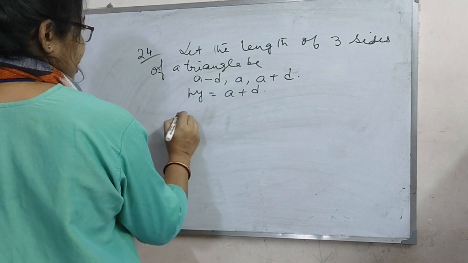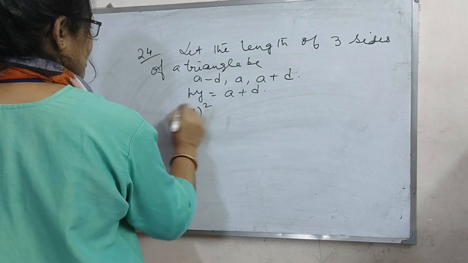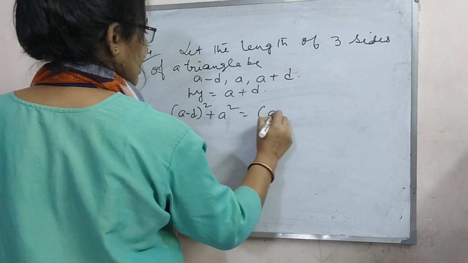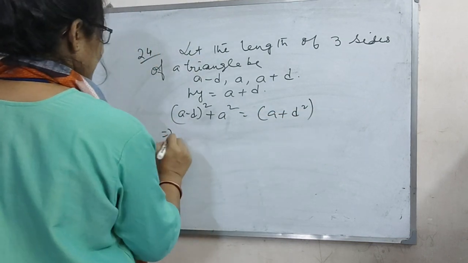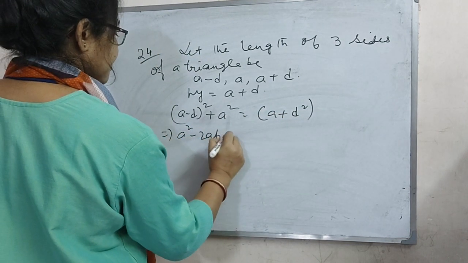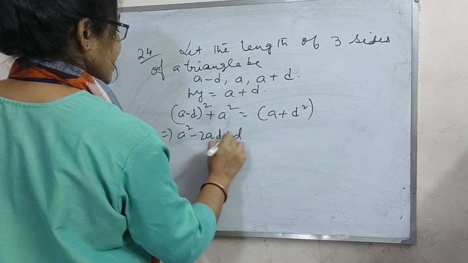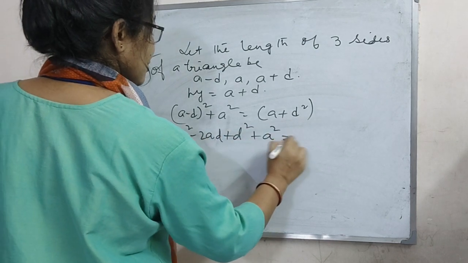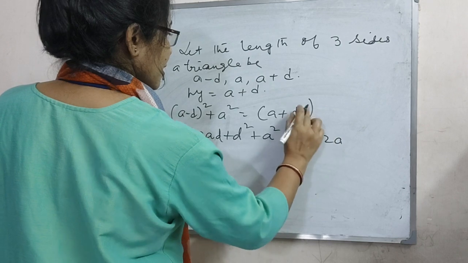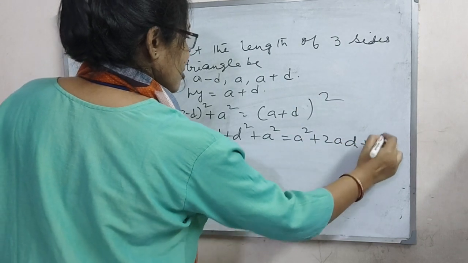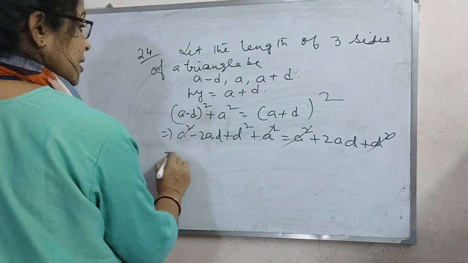From Pythagoras theorem, we have (a minus d) whole square plus a square equals (a plus d) whole square. From here we can write a square minus 2ad plus d square plus a square equals a square plus 2ad plus d square. D square, a square, d square, a square cancel out.